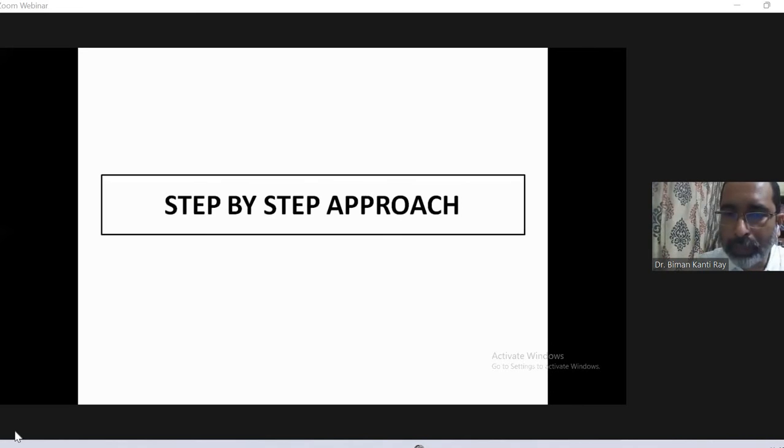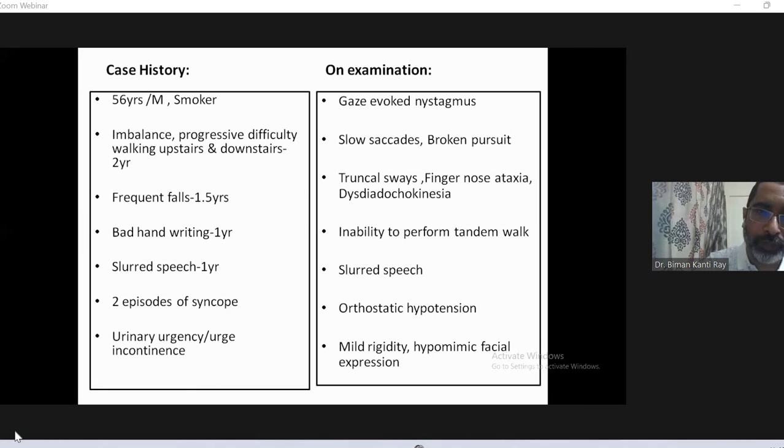With this brief understanding of neuroanatomy, we proceed to the next step, that is the step-by-step approach to a clinical problem of ataxia. So let us start with the case history.